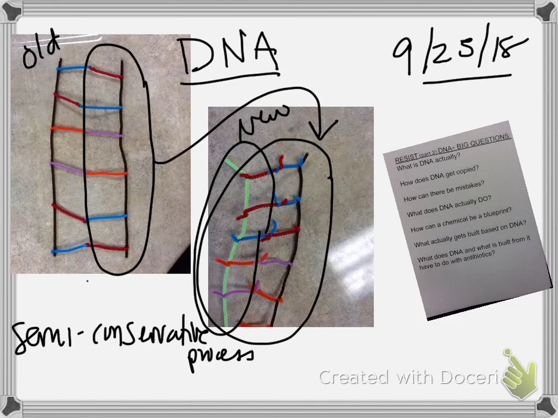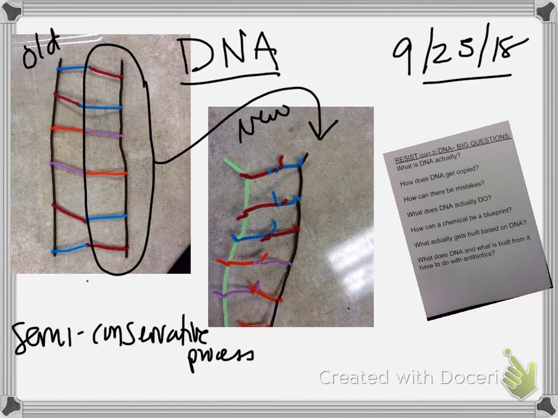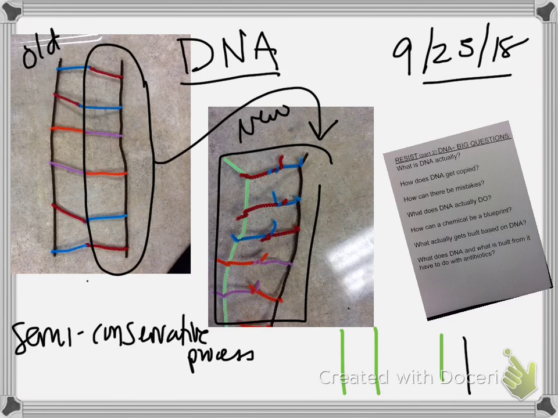Now, if we replicate this DNA right here, the next time, if we imagine that green is now our new DNA, what are we going to have? We're going to have 1 strand that's green and a dark side, and 1 strand that's got 2 new sides.